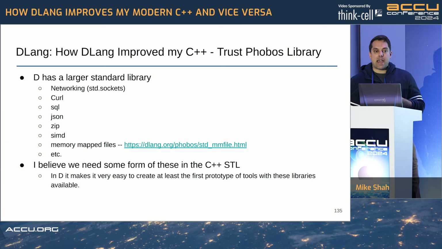It's even got a memory mapped library there. Again, more performance things. Working with JSON files, some things that you just want to have out of the box. Of course, you can always grab from the package manager, but these are some things that might be interesting for C++ to think about. And I think we're going to hear more about that with the different networking proposals that are coming in and so on in C++ in the future here.